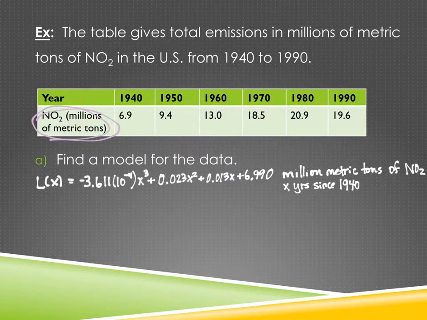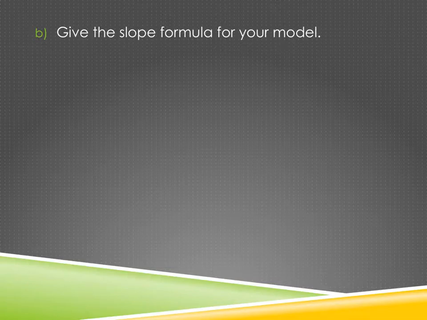What does part B say I'm supposed to do? The slope, which means what, Luke? What am I finding if it's asking me for a slope formula? You get the derivative, right. That phrase slope means derivative. All right, good. So we're going to find the derivative, which will be called L prime of x. And in our problem, we had 3.61 at the beginning, and we have an exponent on x of 3. So if I multiply the 3.611 times 3, I get 10 point what?